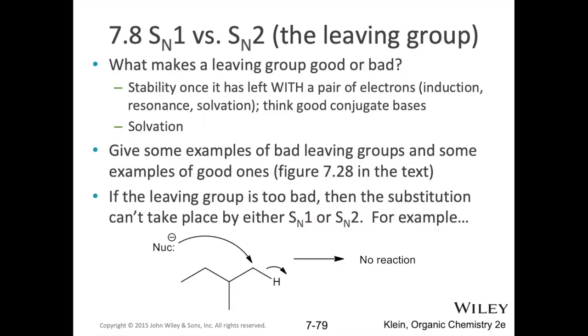Okay, let's talk about leaving groups. We pointed out that leaving groups are great if they're pretty stable. Once it's left with its pair of electrons, if it's a stable molecule, that kind of helps. That's why we've seen that a neutral water molecule is much more stable than a charged hydroxide ion as a leaving group. You also want to consider solvent effects on that leaving group, what might stabilize it once it leaves.